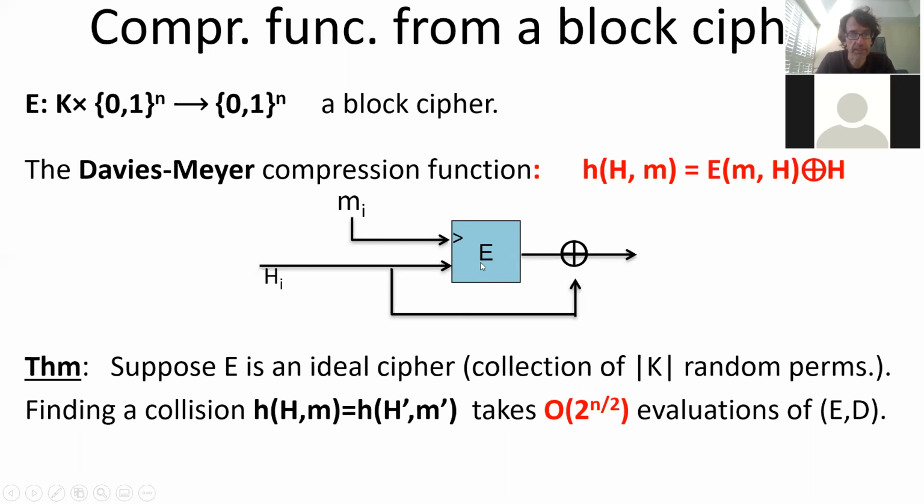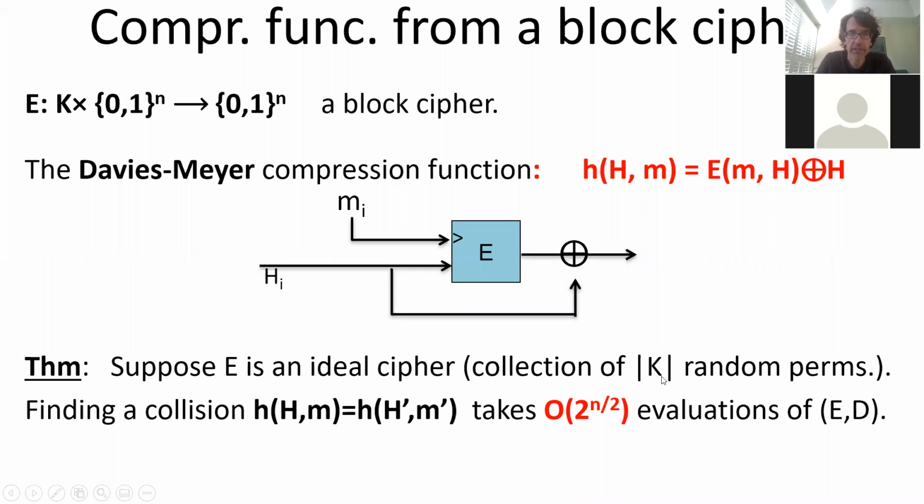Suppose that E is an ideal cipher. Remember, we used this notion in arguing security of triple DES and of the DESX construction. In other words, it's a collection of completely random permutations which are indexed by keys.